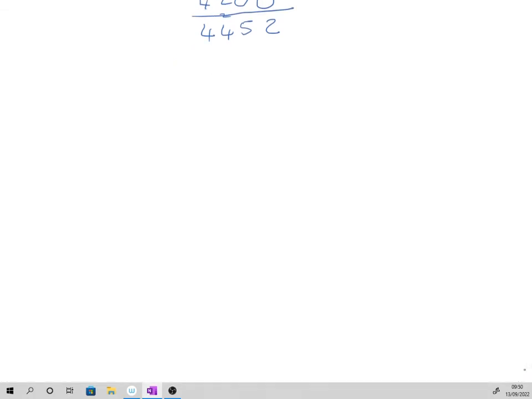Next step up is division. Now division, the way I've learnt this is a bus stop method. It's just a pictorial.